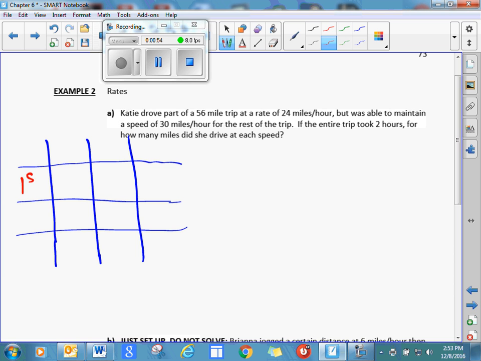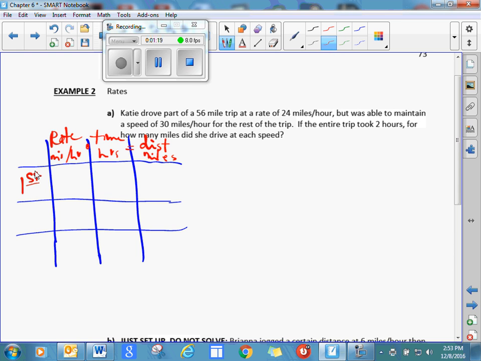Let me go ahead and put the labels in here. This is your rate, in miles per hour. This is your time, in hours. And this is your total distance. Distance equals rate times time. And this is in miles.